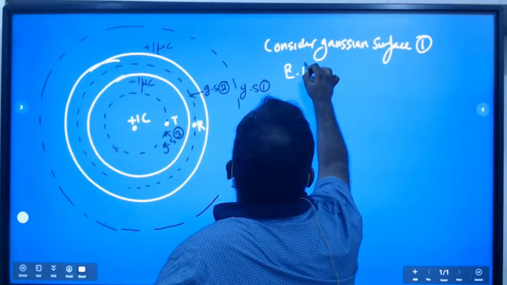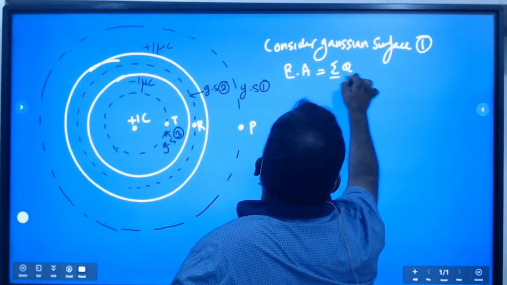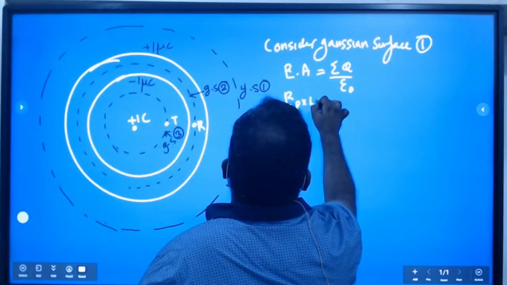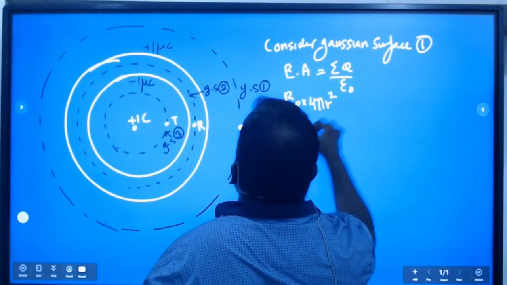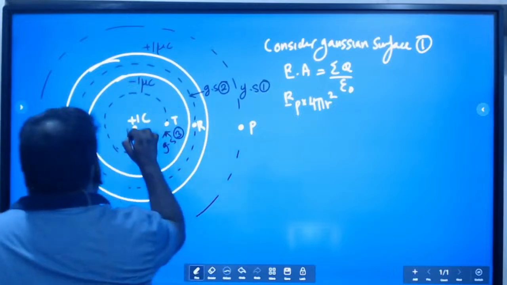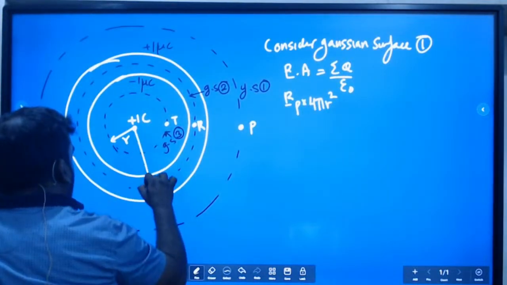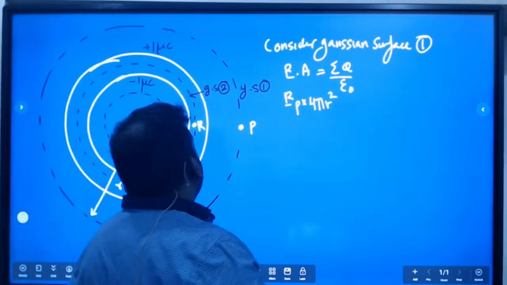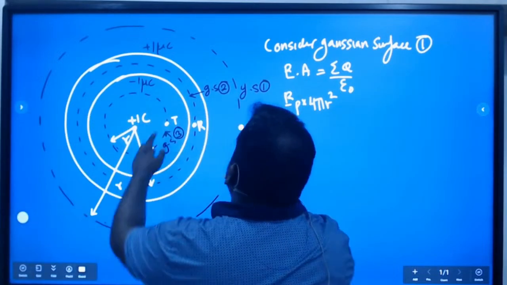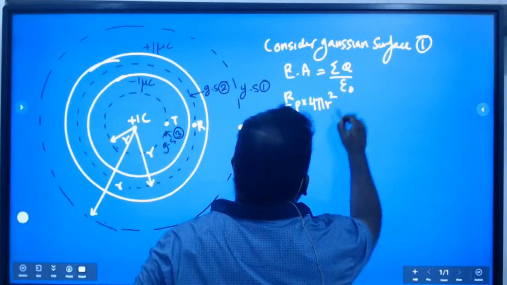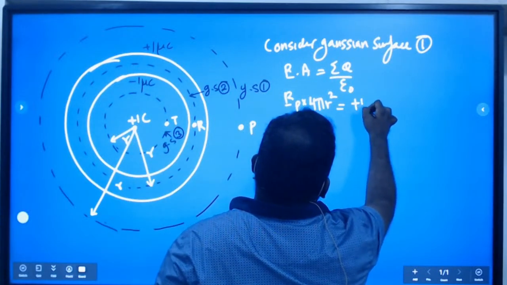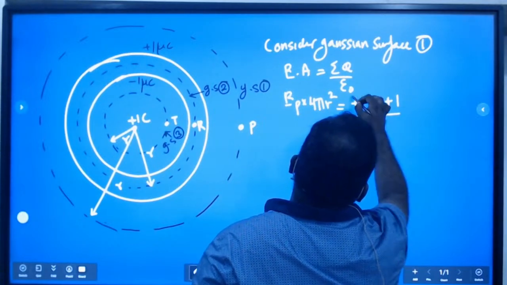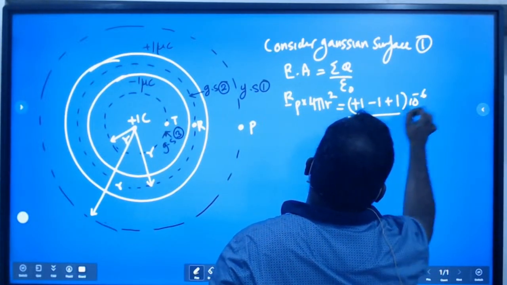E times A equals sum of charges over epsilon naught. Electric field strength at P, E times 4 pi r squared, remember the variable distance I take as simple r, equals the sum of charges inside the Gaussian surface, plus minus plus, 1 microcoulomb over epsilon naught.